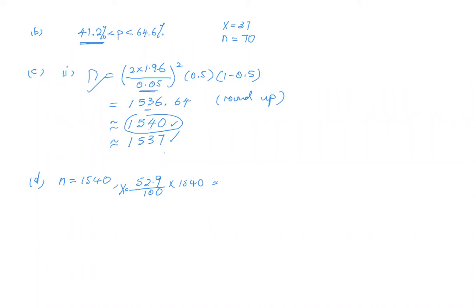So 815. Is it 815? Approximately. So then you find the confidence interval. This is your x. Then you explain accordingly. So how should the council react? Can someone give me the confidence interval for this one?